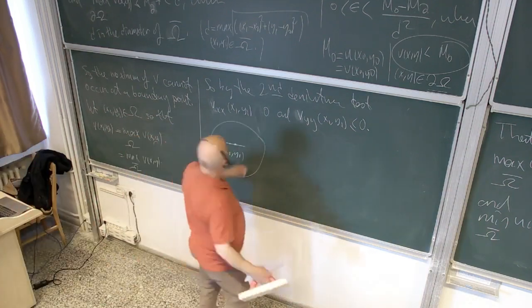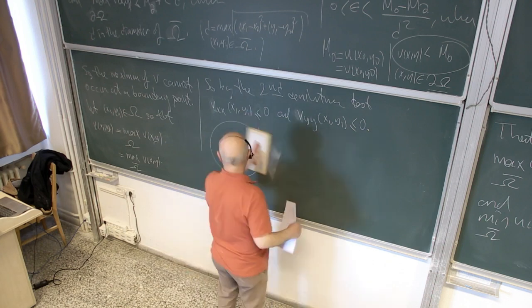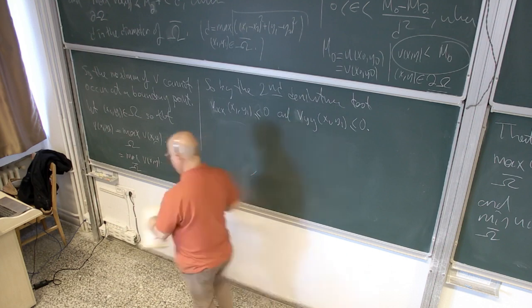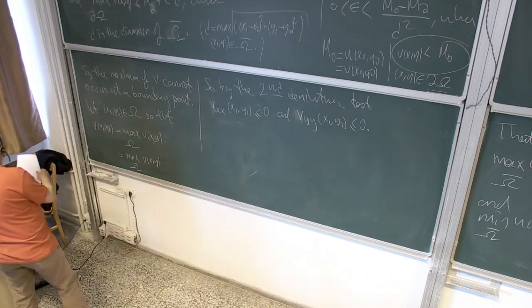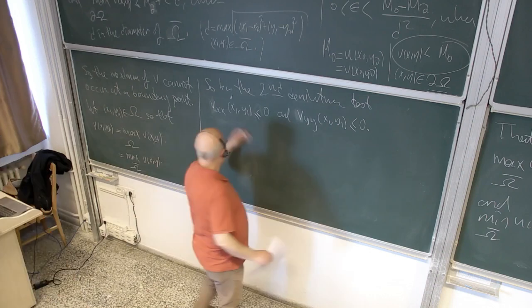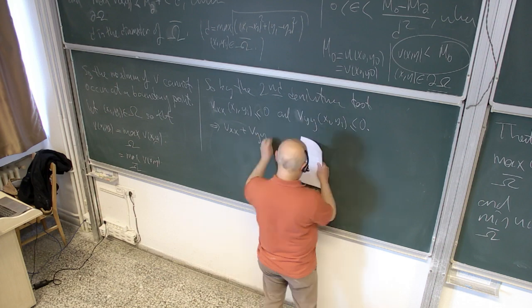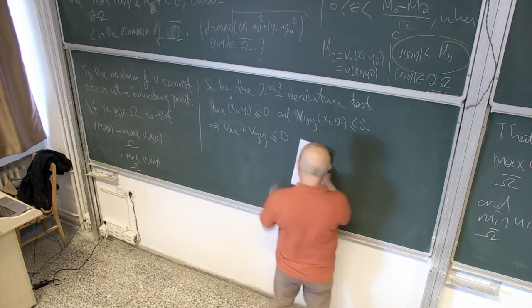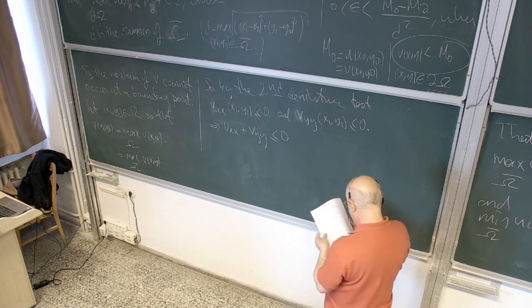Okay? They are both negative. And then we do what? Well, therefore, V sub xx plus V sub yy is negative. Since both of them are negative, the sum is negative.